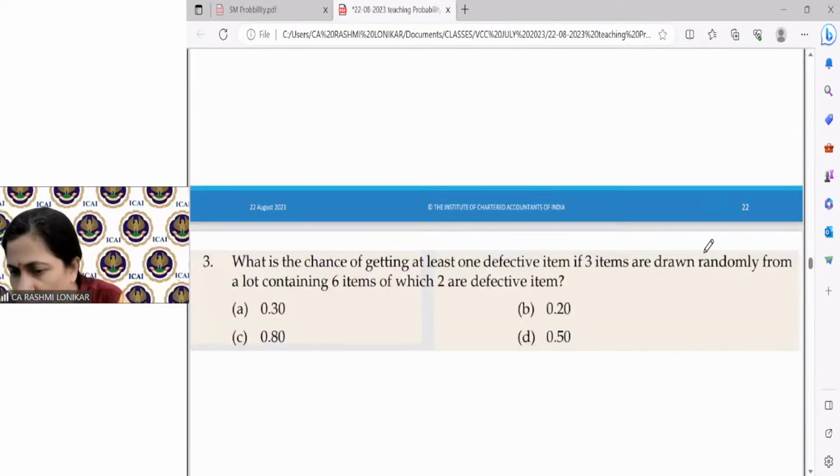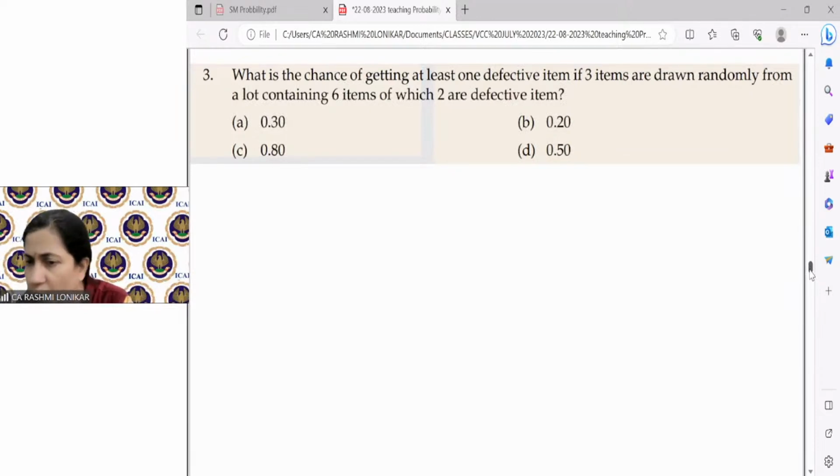Next sum is what is the chance of getting at least one defective item if 3 were drawn randomly in a lot containing 6 items, of which 2 are defective. So I have lamps. How many lamps I have? 6.